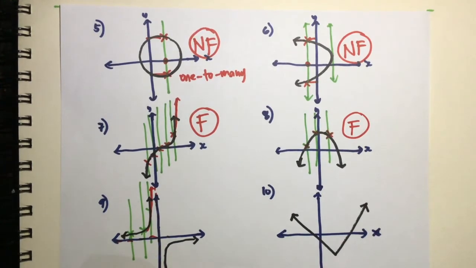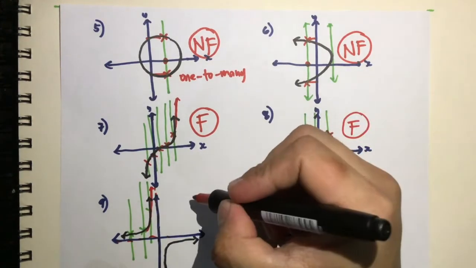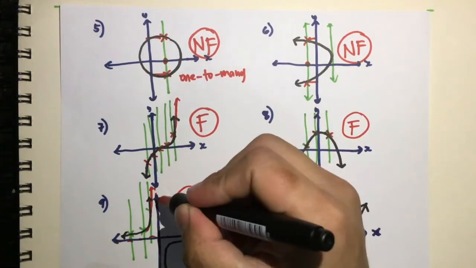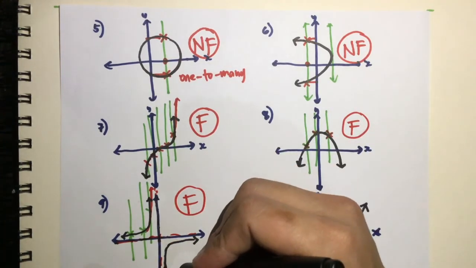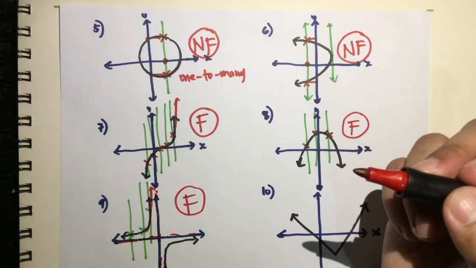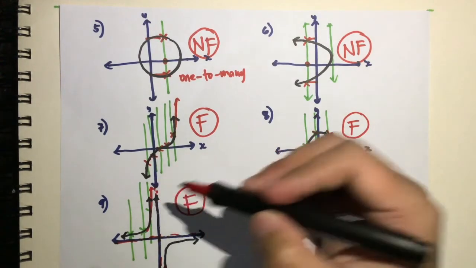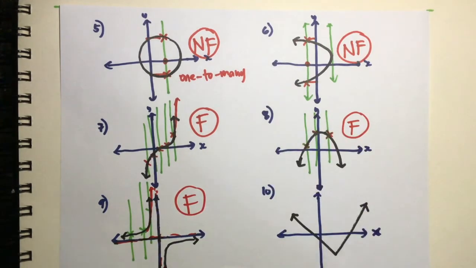You cannot graph in such a way that you have overlapping lines here. So therefore, this is still a function, since when you have asymptotes, that means your line gets closer and closer to the asymptote, but it will never hit that line. So the same as this one here. There will be no chance that these two can actually be hit by the vertical line at once.